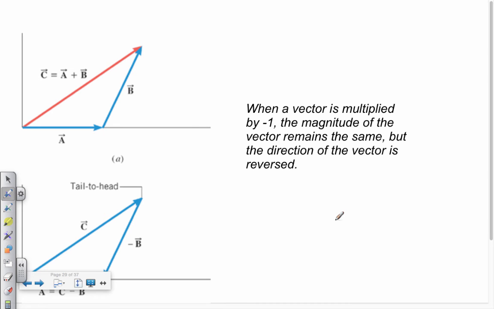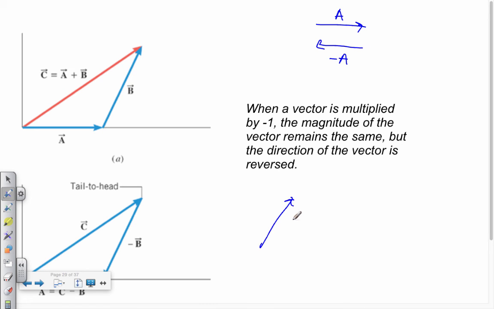So how do I subtract vectors? And the way I subtract vectors is I multiply a vector by -1. So if a vector is multiplied by -1, the magnitude of the vector remains the same, but the direction is reversed. So if this is vector A, then this would be vector -A. It's of the same length, but the arrow points in the opposite direction.